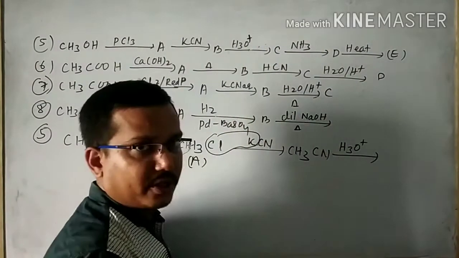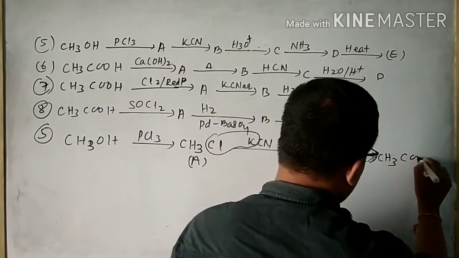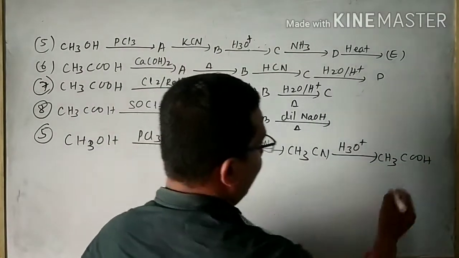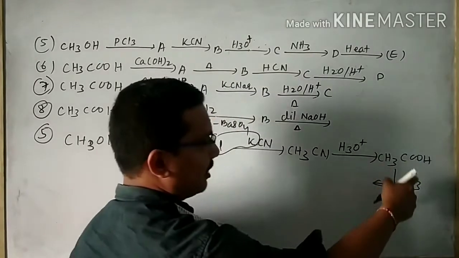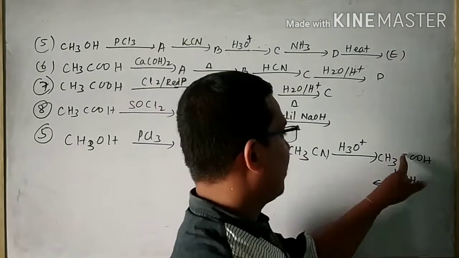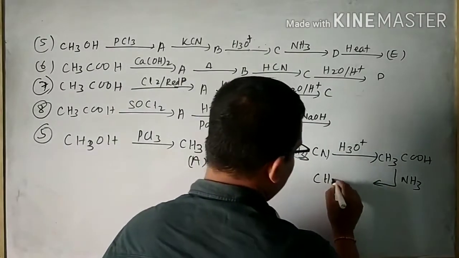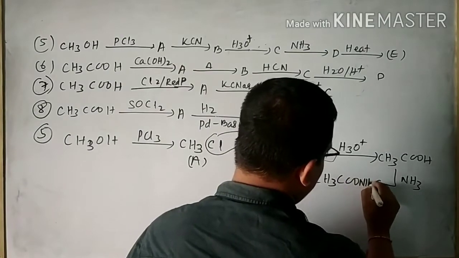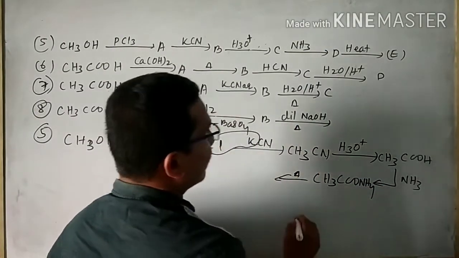Then CN is converted into COOH, CH3COOH, and it is subjected to reaction with NH3. This is acetic acid, this is ammonia, this is an acid, and this is a base. So a salt is formed, CH3COONH4. Now it is subjected to heating.